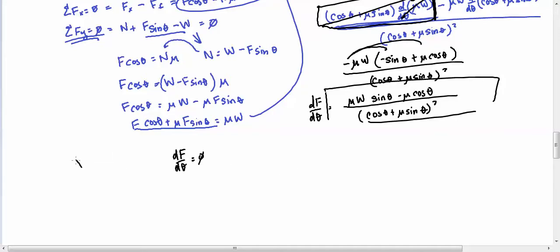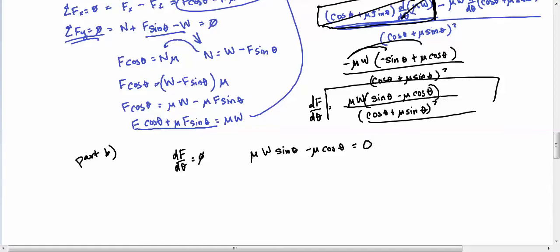This is part B. Then essentially all I need to do is the numerator divided by the denominator equals 0. So basically the numerator equals 0. So it's mu w times the quantity sine of theta minus mu cosine of theta is equal to 0.